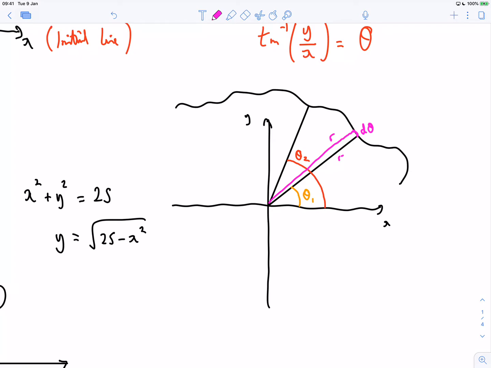We're essentially splitting this down into infinitely skinny sectors of angle d theta, and that shouldn't be a curly d because it's not a partial derivative. When d theta tends to 0, then in the limit you've actually got the area of that infinitesimal slice, and then we want to sum them all up.